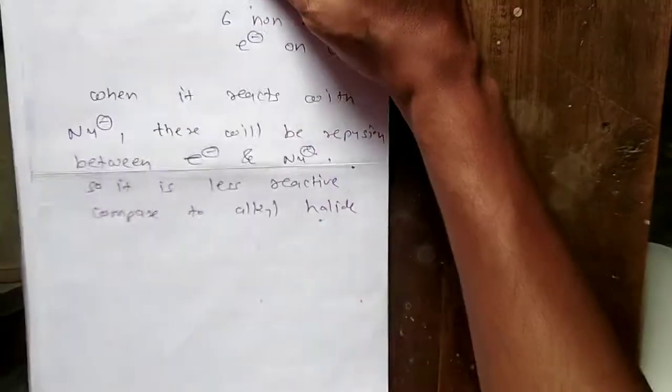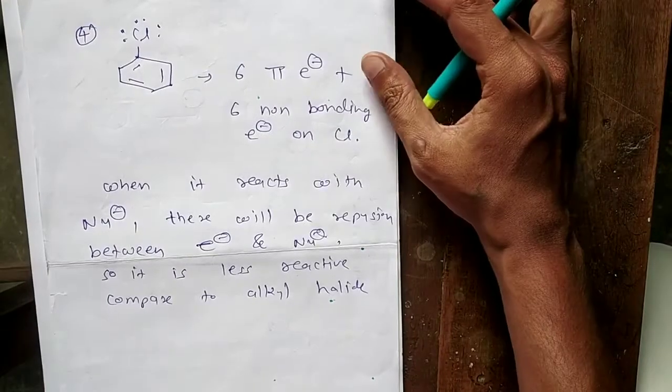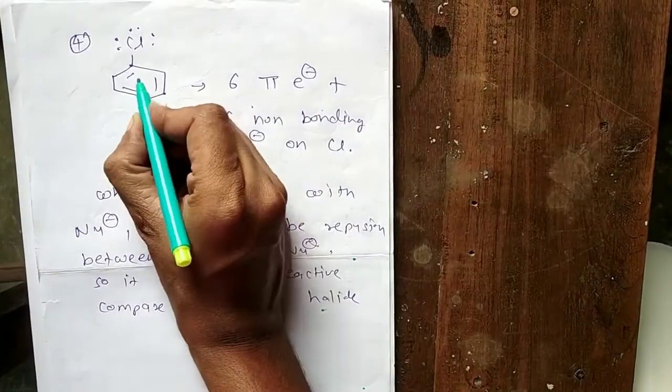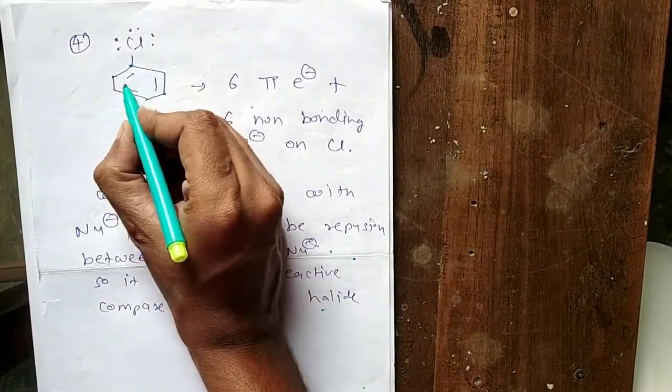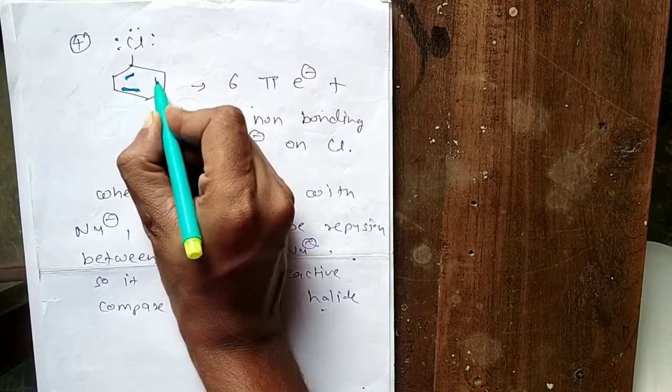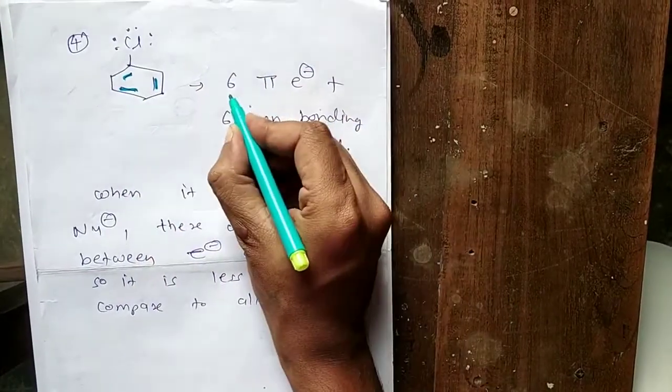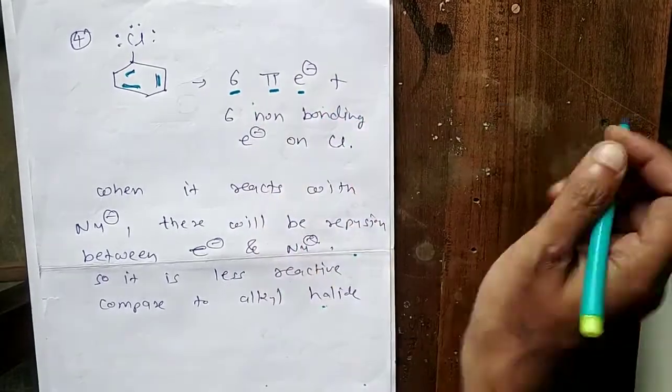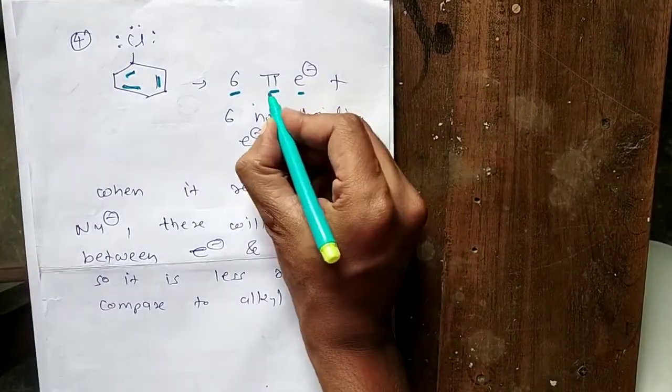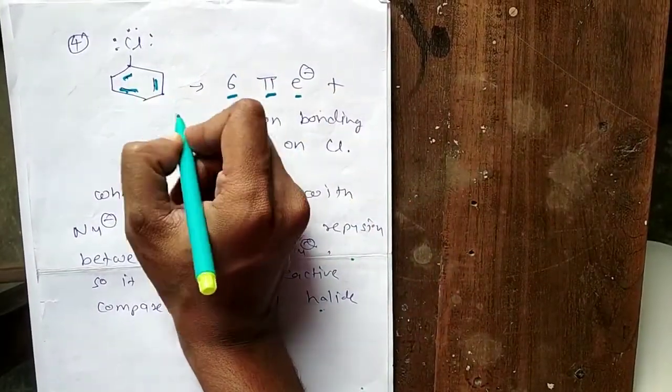The fourth reason is that you can see in haloarenes total these 3 double bonds are there, so total 6 pi electrons are here. What is pi electron? Double bonded electrons.